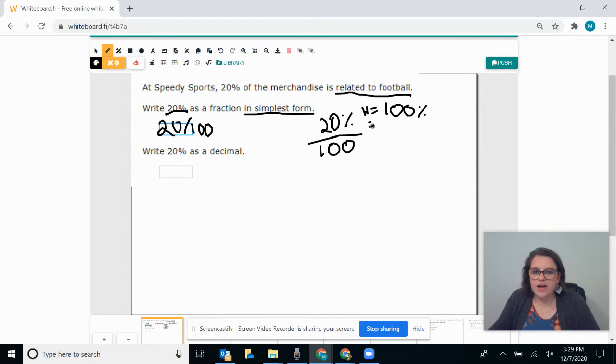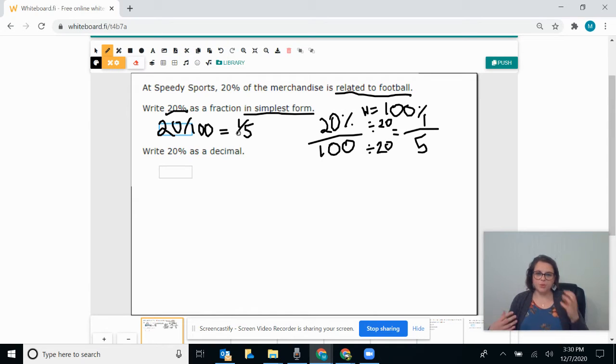So if we divide both the top and the bottom by 20, 20 divided by 20 is 1, and 100 divided by 20 is 5. Okay, so the simplest form would be 1 out of 5.